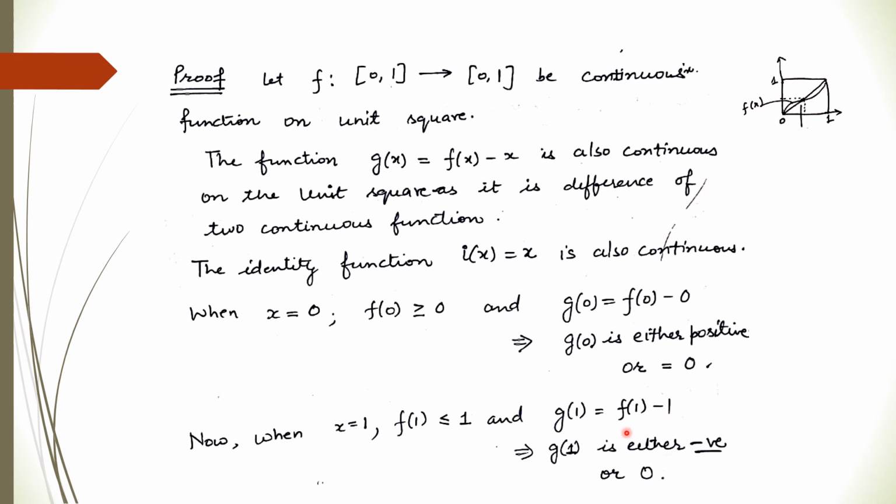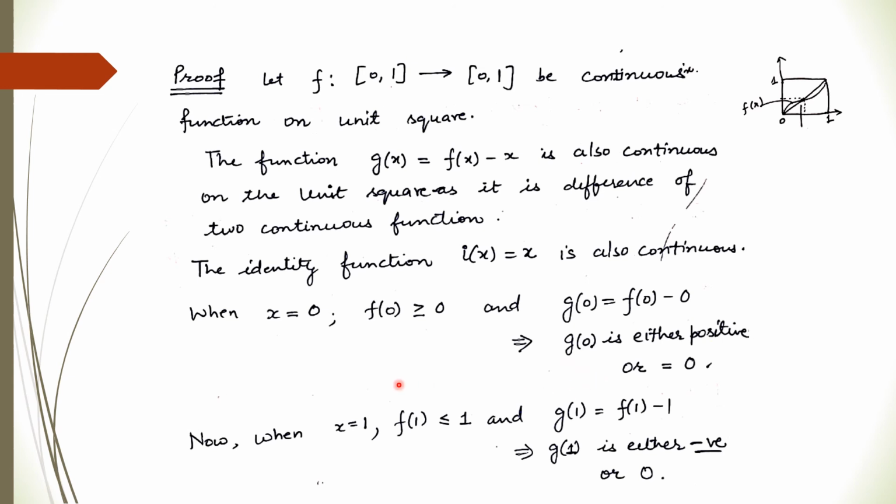So we get a closed interval [0, 1] where g is continuous and at the end points the function attains opposite signs. So by the intermediate value theorem, there must exist at least one point in the interval where the value of the function is 0.